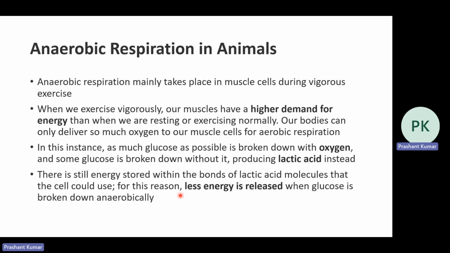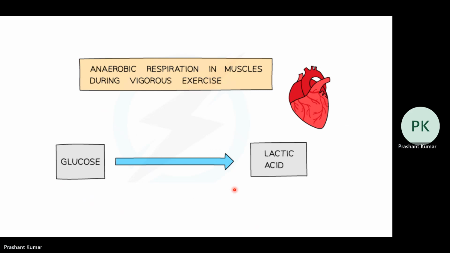Always remember 2 points are important here. First, there is no required oxygen. Second, lactic acid is produced in the case of animal cells. So glucose is converted into lactic acid, and this occurs in the muscles. So when your muscles do vigorous activity, at that time lactic acid builds up.